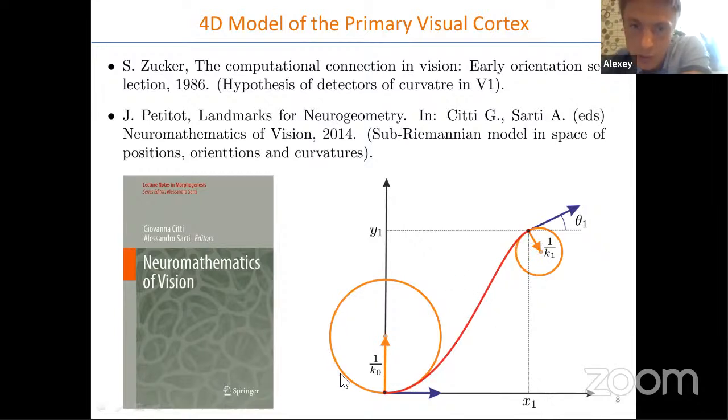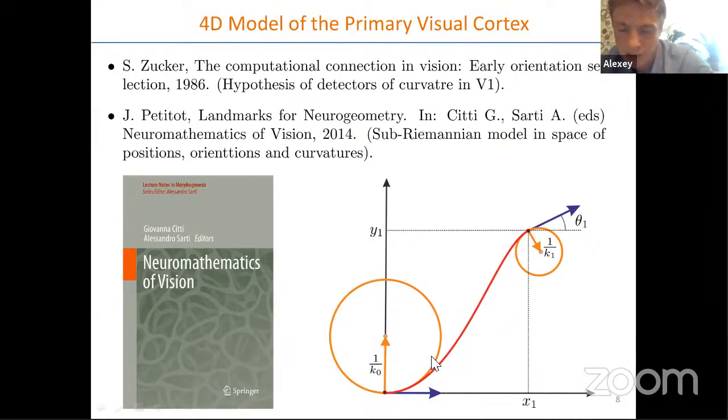In the four-dimensional model, we add a fourth component, which represents the curvature of the contour. And now we want to find the curve that minimizes the energy, that minimizes the Sub-Riemannian length, but not in the space SE2, but in the space of positions, orientations, and curvatures. And here it is presented.